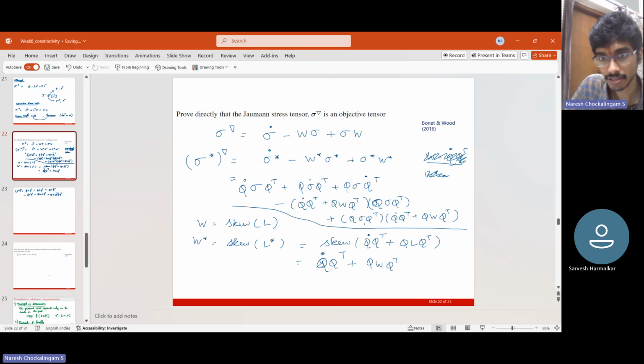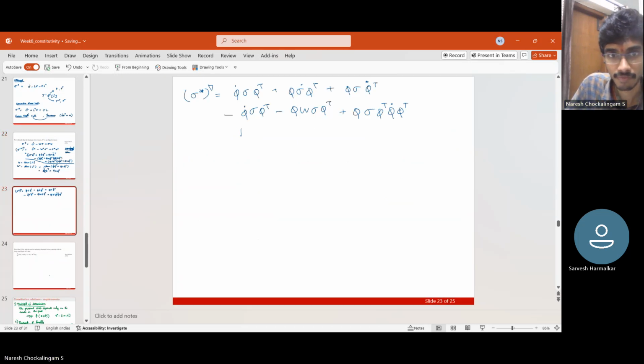And the next one is Q sigma W Q transpose plus Q sigma W Q transpose. Now, what is Q transpose Q dot?